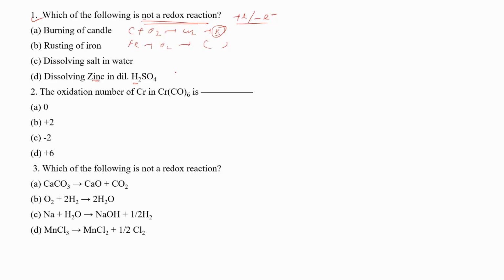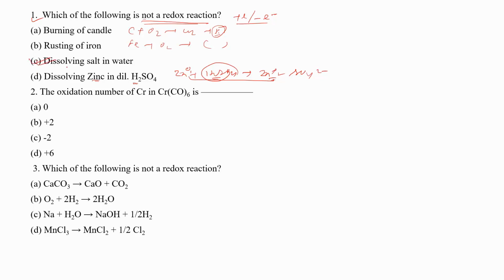So in presence of H2SO4, the zinc will be oxidized to the zinc +2 oxidation state and form a salt like ZnSO4. So here the oxidation state goes from 0 to +2. So it is a redox reaction, where loss of electron and gain of electron are happening.